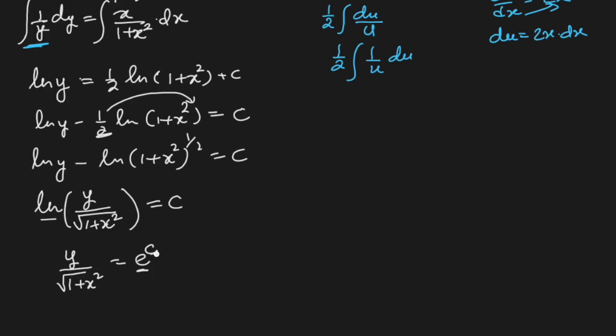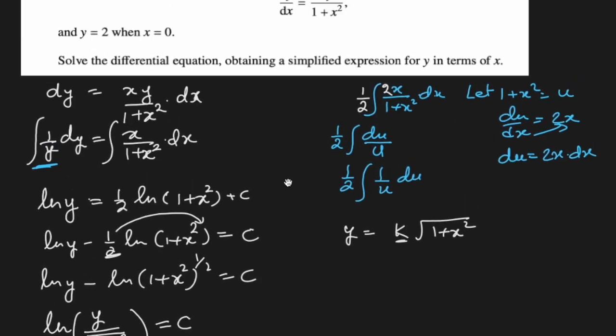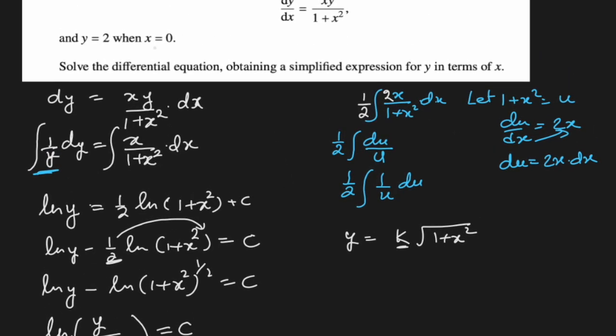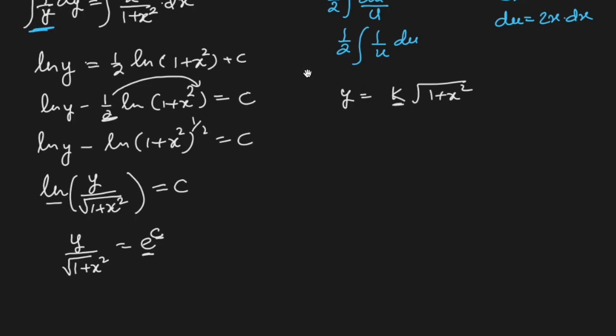E is a constant, c is a constant, so we can write this as also a constant. So y over, rather let's multiply these two. Y, because they want y in terms of x, right? So we can write y equals k, e to the power c, let's write it as a constant, times square root of 1 plus x squared. Now we have to evaluate this k. What is the value of k? And for this k, we need the information they have given. Y is equal to 2 when x is 0.